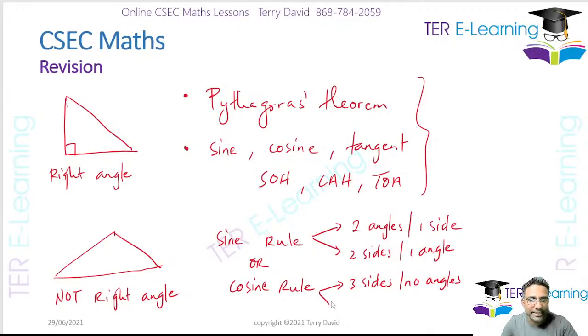And the second condition under which we use the cosine rule, you have two sides and the angle between those two sides. So if you never knew what the conditions were, these are the conditions.